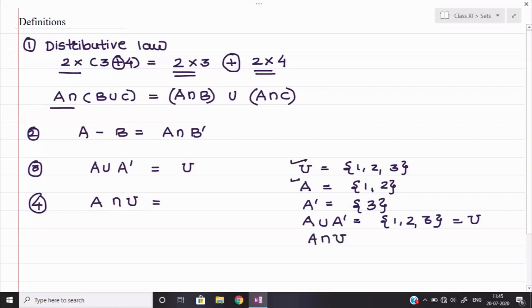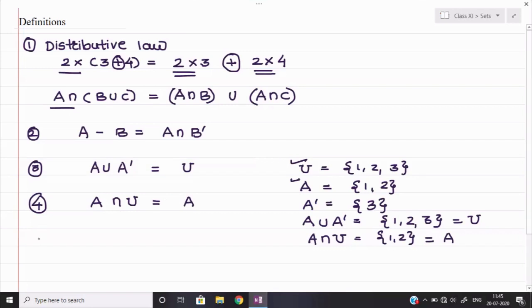A intersection U is equal to 1, 2 only, that is the common element, and 1, 2 is equal to A. So remember, the intersection between the universal set and any other set will be that other set. Next time if I say B intersection U, it will again be B.